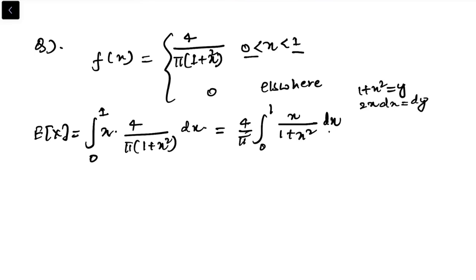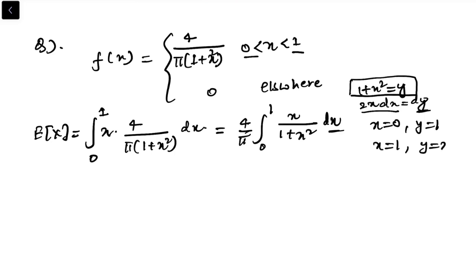So we can replace 2x dx with dy, right? And then we also need to care about the limits. So this is our function. Let's put the limiting values. When you put x equals 0, you'll get y equals 1, and x equals 1, you'll get y equals 2.